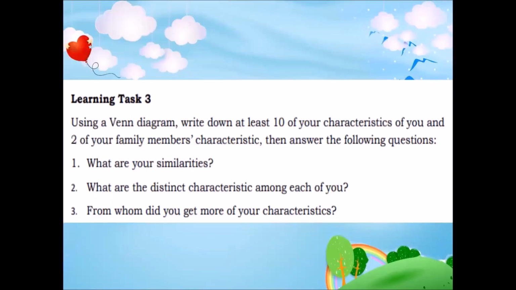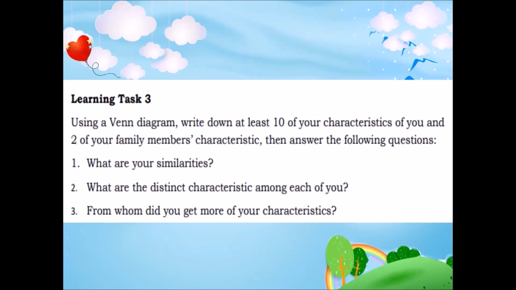Learning task number 3, using a Venn diagram. Write down at least 10 of your own characteristics, and characteristics of 2 of your family members, then answer the following questions.